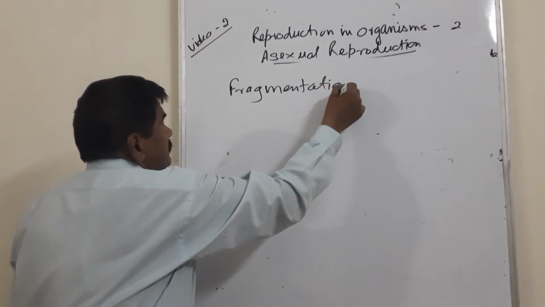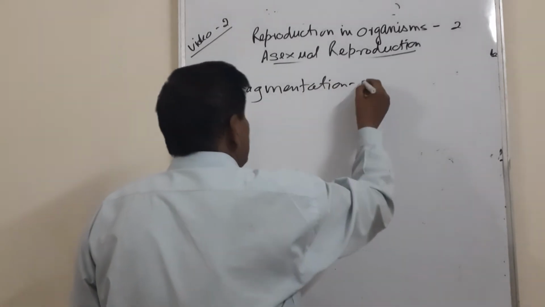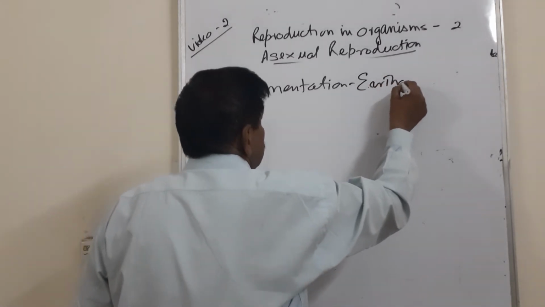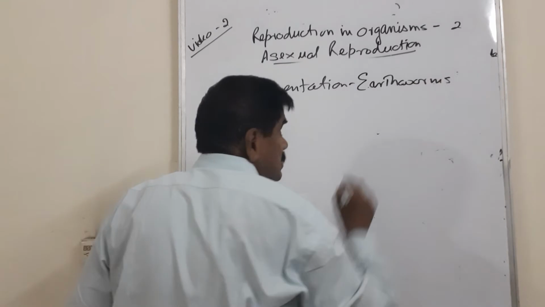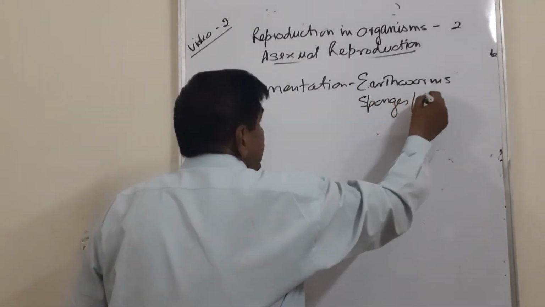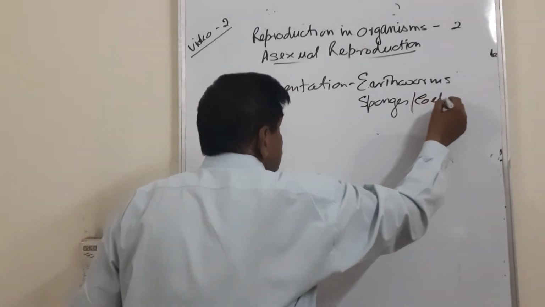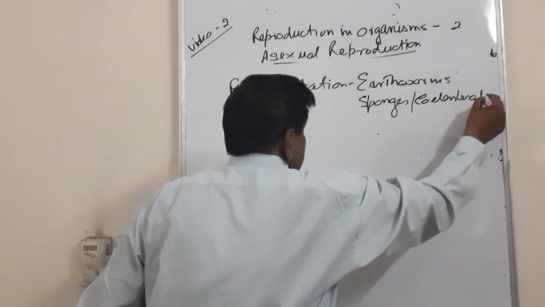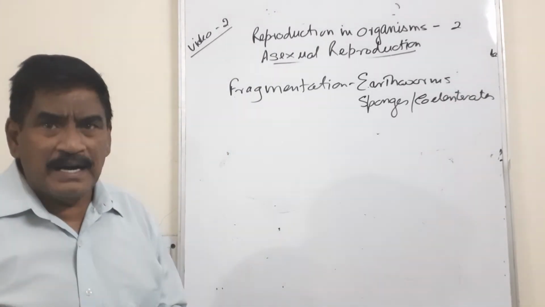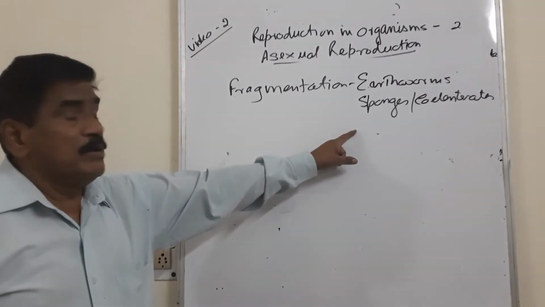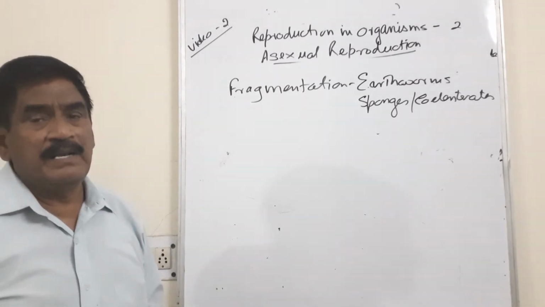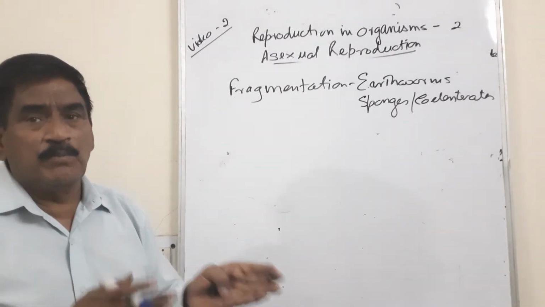It occurs in, say, earthworms, sponges, coelenterates, etc. When the body is divided into 2 parts or 3 parts, each part develops into a new individual. Fragmentation means fragments are formed. A fragment means the broken away part of the body.